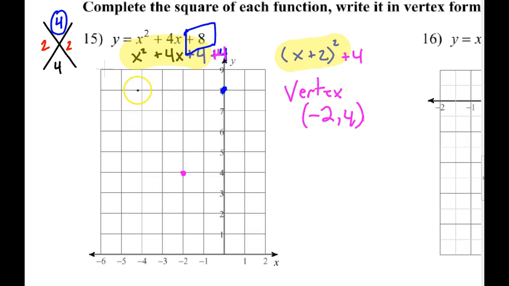So you can see there's some benefits to vertex form, to get the vertex right away, but the standard form still gives you the y-intercept really quickly as well, at that c value. Okay. So then you can get your graph like that. If you want to be more accurate, you can plug in negative 3 and negative 1 and find out what their values are.